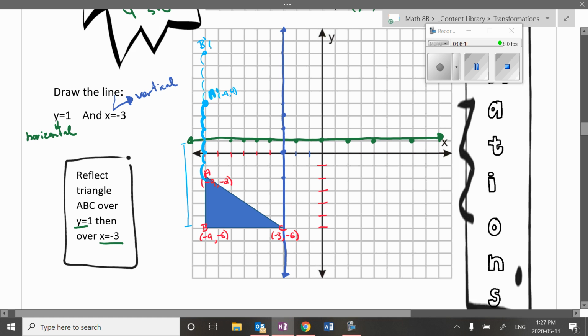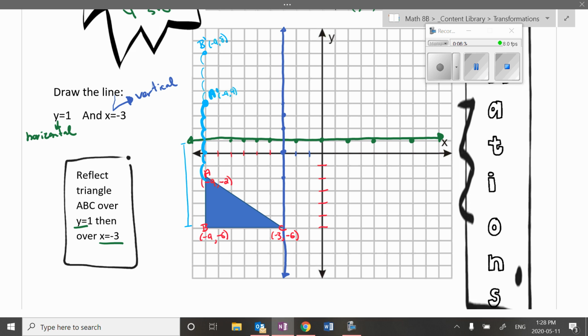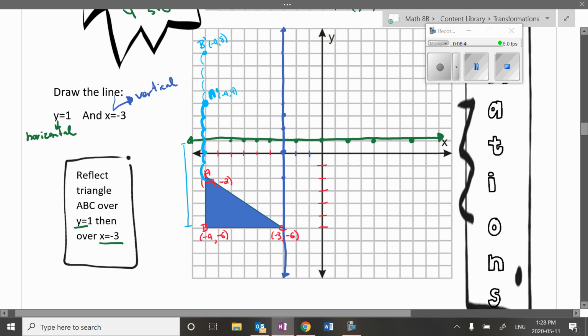B is still over -9, but now it's at 8. And that makes sense because it's 7 away from that line, just like it was 7 away from the line before. C prime is currently touching our x equals -3 line, so that kind of helps us there.